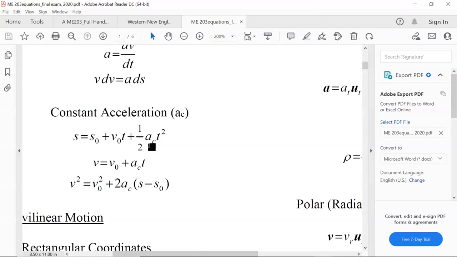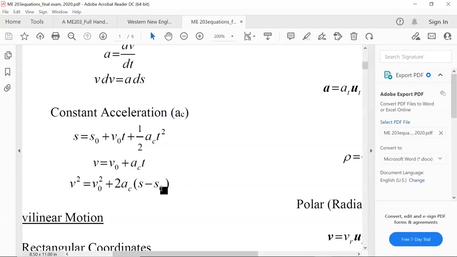We should not use the first two equations because they have time in them, and we do not know how long it takes for the block to slide and stop. However, we can use the third equation because it is independent of time. Now v0 is the velocity of the block when the conveyor stops, which is the same as the velocity of the conveyor. V is the final velocity of the package when it stops moving, which is 0. Acceleration we already have calculated, and distance traveled is what we need to calculate.